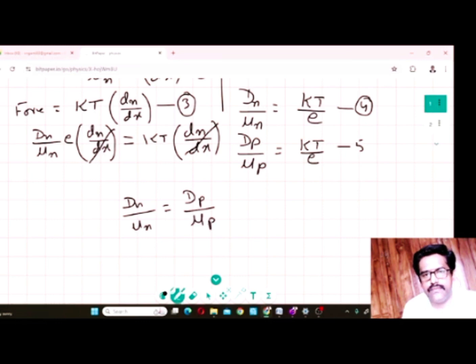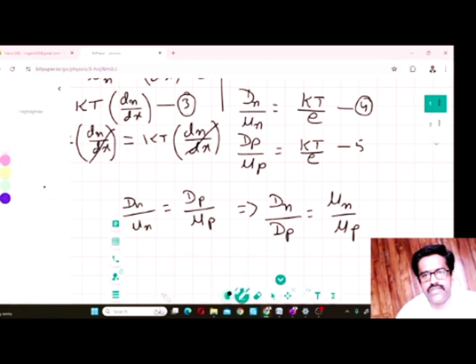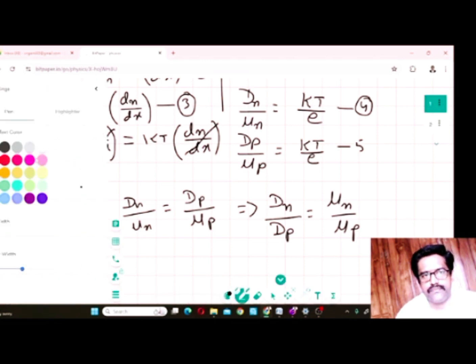So finally, it implies Dn by Dp is equal to mu n by mu p. This expression is known as the Einstein relation for semiconductors.